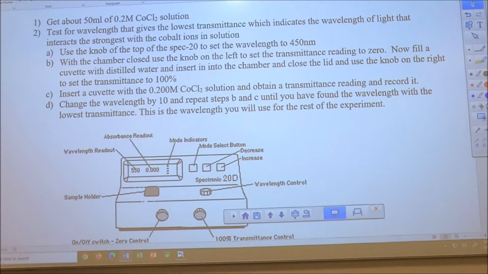The more strongly the material in the tube reacts with that wavelength of light, the less of it gets through, the more is absorbed. So the first thing that we've got to do is determine which wavelength of light works best with our cobalt chloride solution.